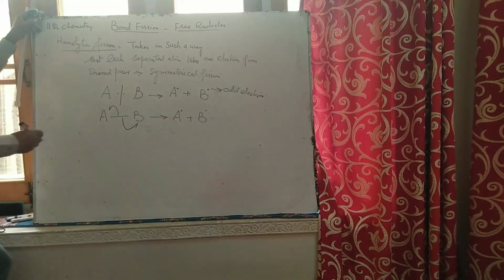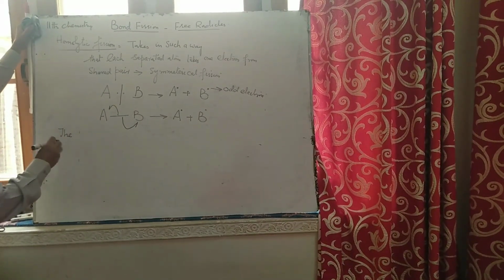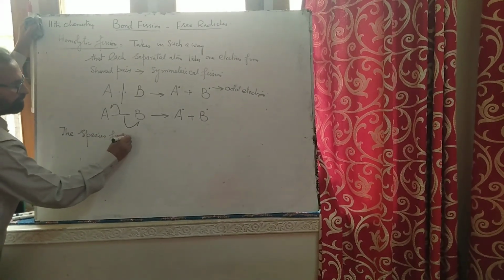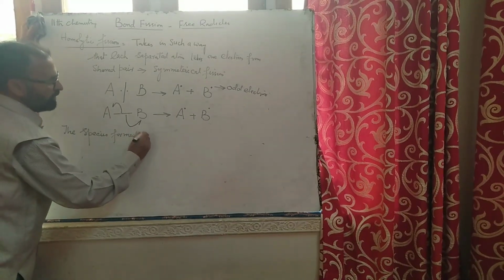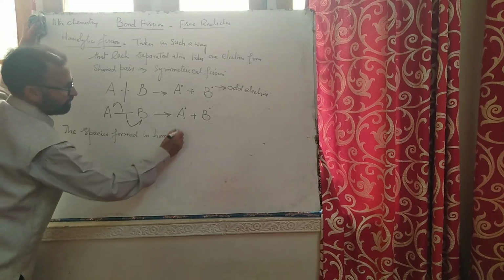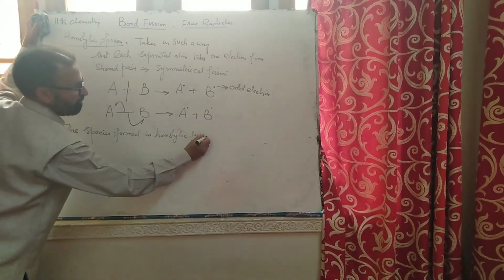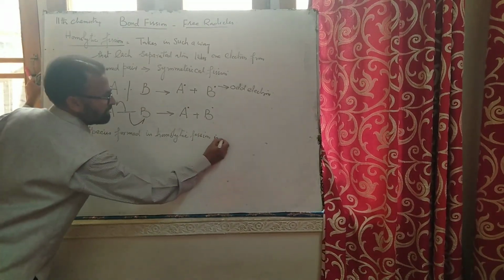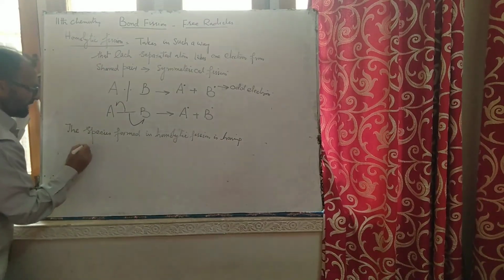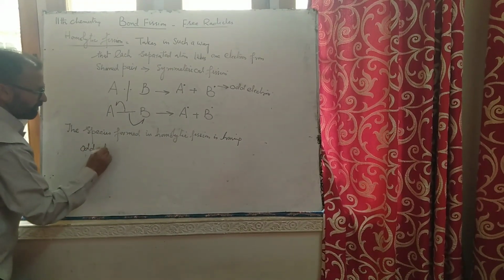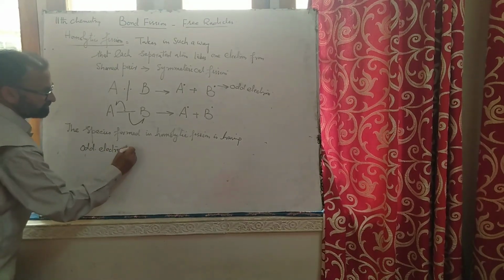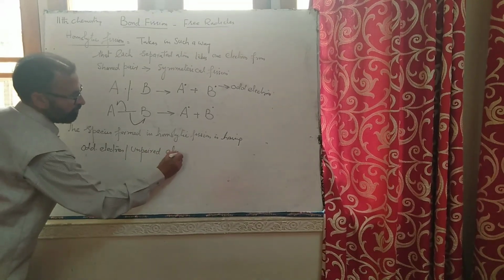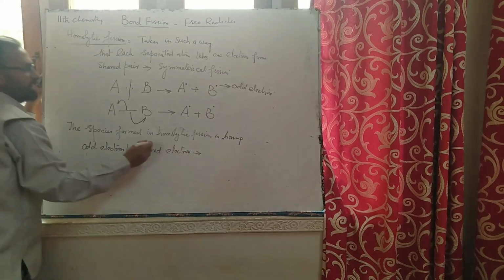The organic species formed in homolytic fission has an odd electron, or we say an unpaired electron, and is called a free radical.